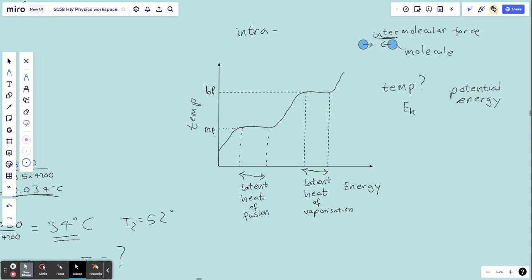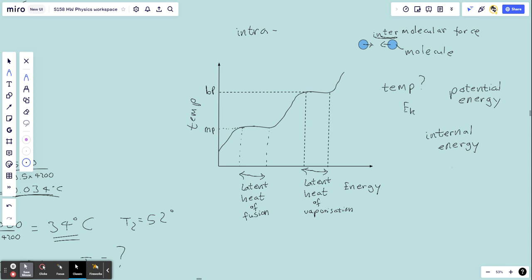The total energy, if you add up the potential energy and the kinetic energy, you would call that internal energy. It's called internal energy because if you see a glass of water just sitting there, seemingly not doing anything, well, there's actually a lot going on, isn't there? The particles inside the water are moving around quite quickly with kinetic energy, and they also have this potential energy, which has allowed them to not stay as ice.